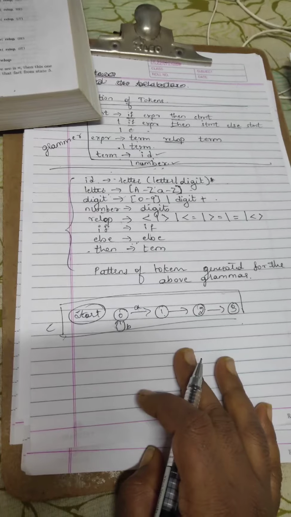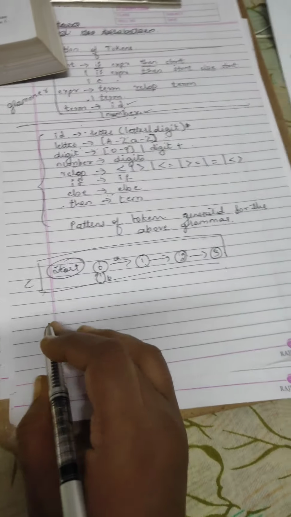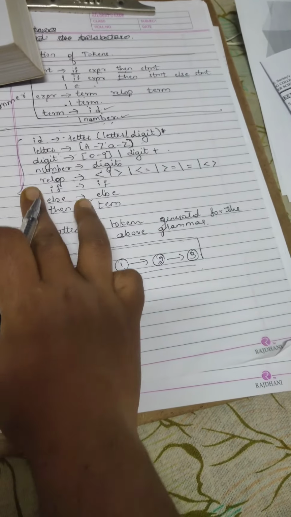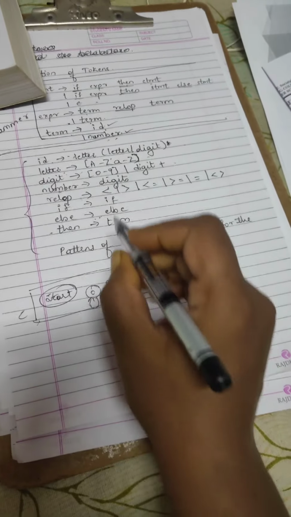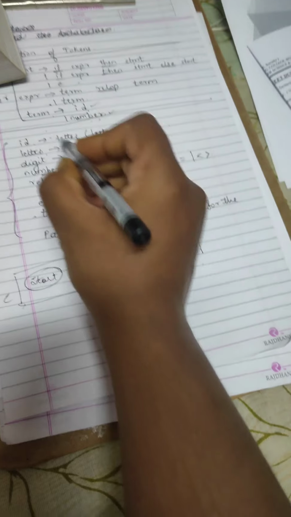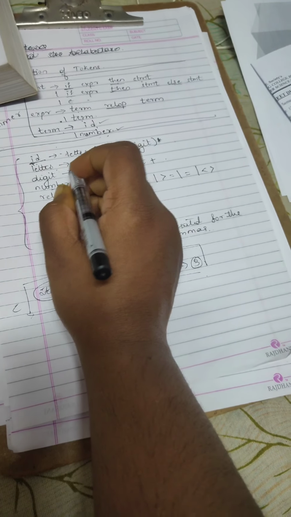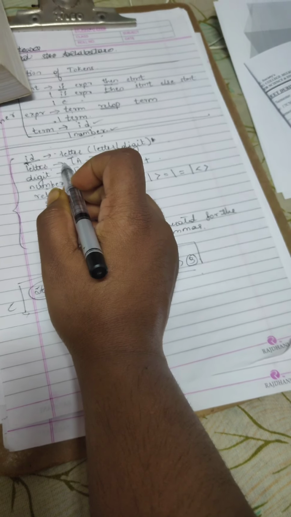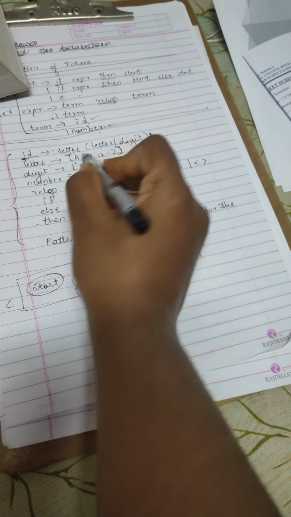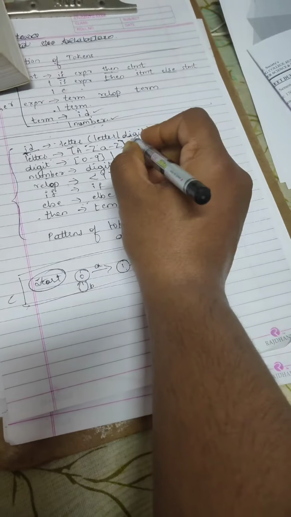For this particular thing we need to generate a transition diagram. Now in this, the first concept is to generate the transition diagram for our id. Id consists of what? Letter and a digit. Then we have to identify this letter once and a digit, right?